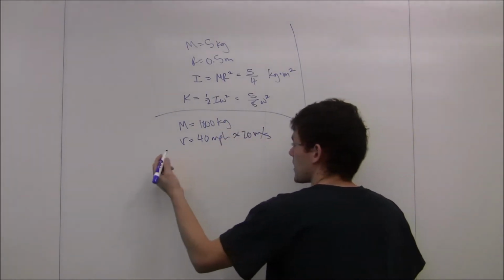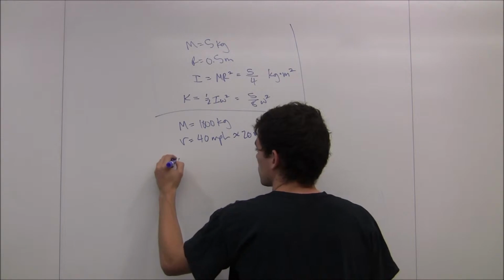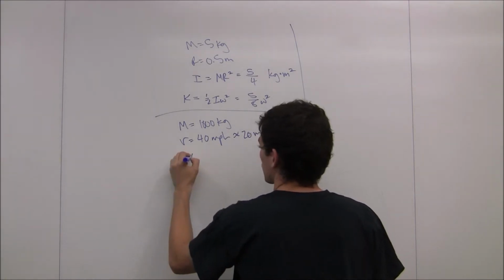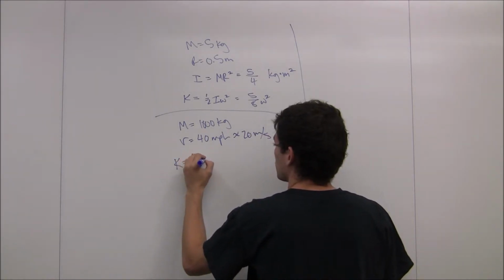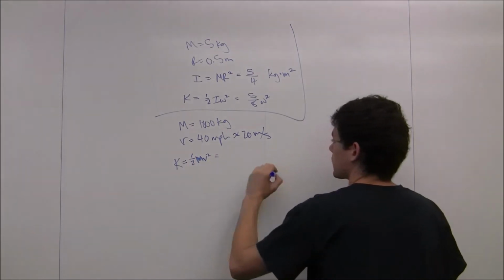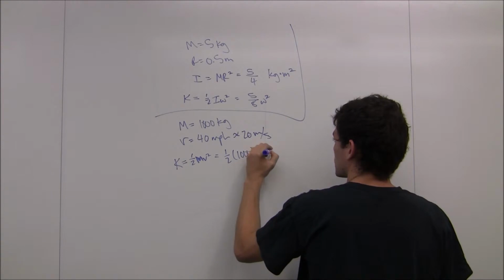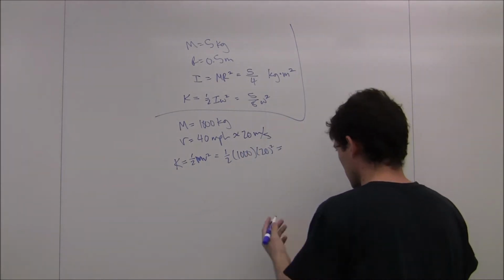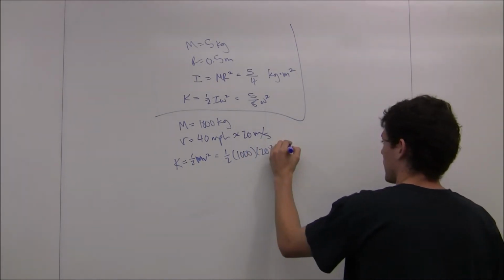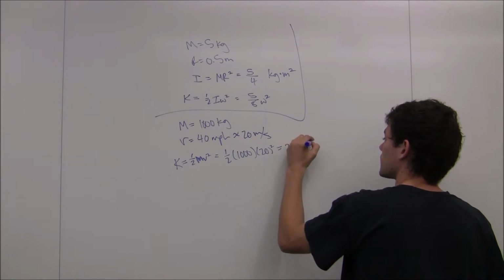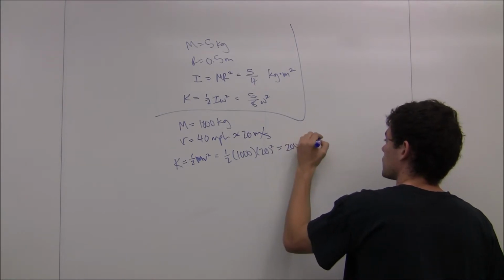So then we get that the energy of a typical car, K, is going to be 1 over 2 mv squared, which is going to be 1 over 2 times 1,000 times 20 squared, which is 200,000 joules, or 200 kilojoules.